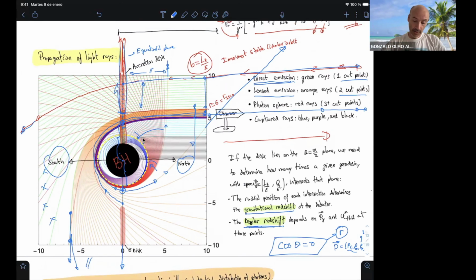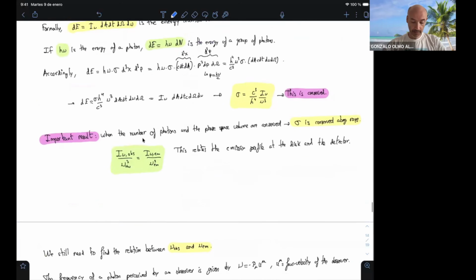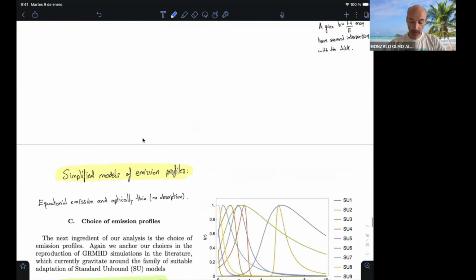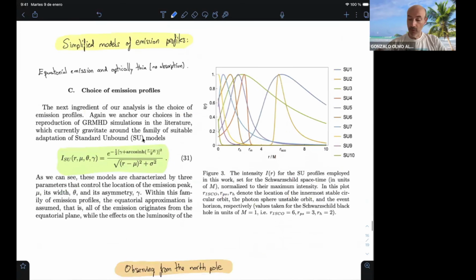Let me skip this for a moment and go to the simplified models of emission. These are the emission profiles, some examples. These are simply representations of this function.